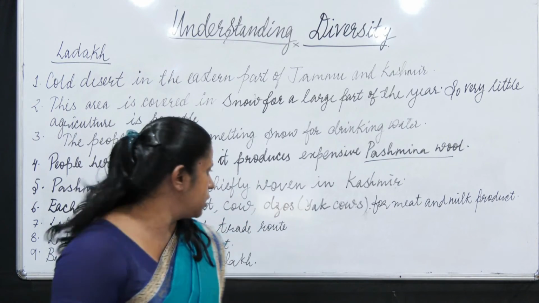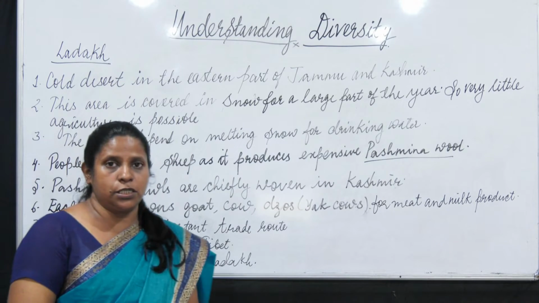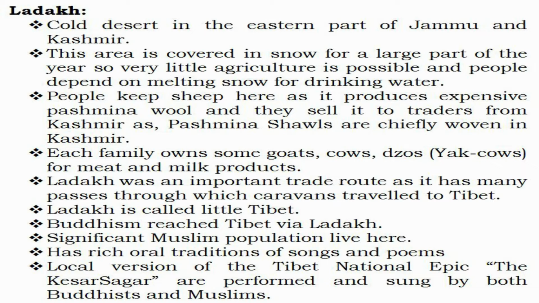Okay. Now, one more point is that Ladakh is called a little Tibet because most of the people are from Tibet. So we call Ladakh a little Tibet. And here Buddhism reached Tibet via Ladakh. Now Buddhism is एक religion है जो लद्दाख में किसके थ्रू पर आया, through Tibetan. Okay.